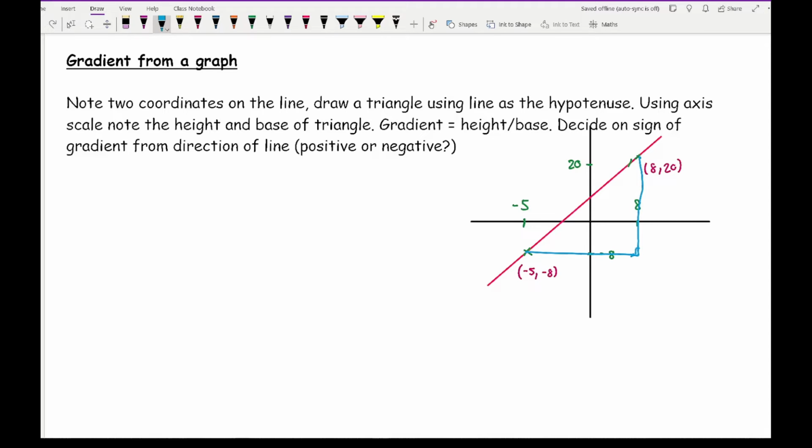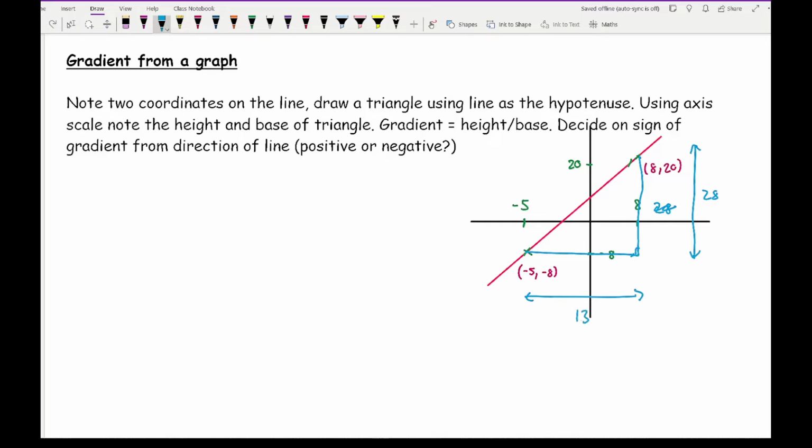Looking at this, the difference in the y-axis from -8 to 20 is going to be 28. So let me write that here, 28. And the difference in the x values is going to be 8 minus -5, which is 13. And you don't need to worry about the negatives in this case. So let me just write 13.